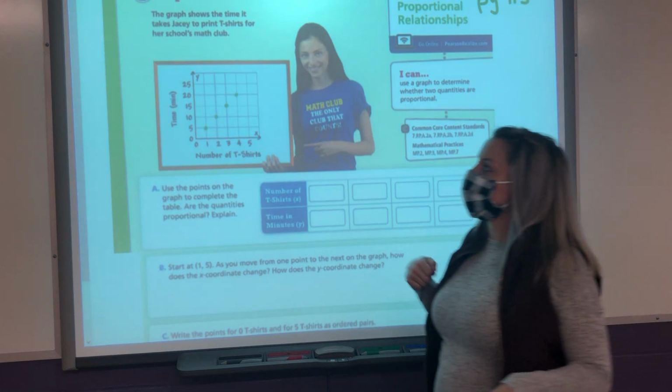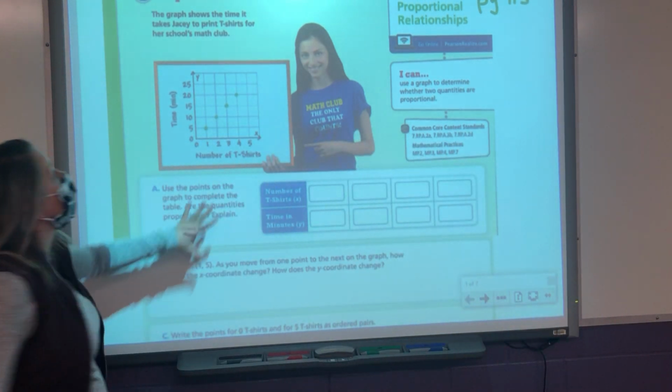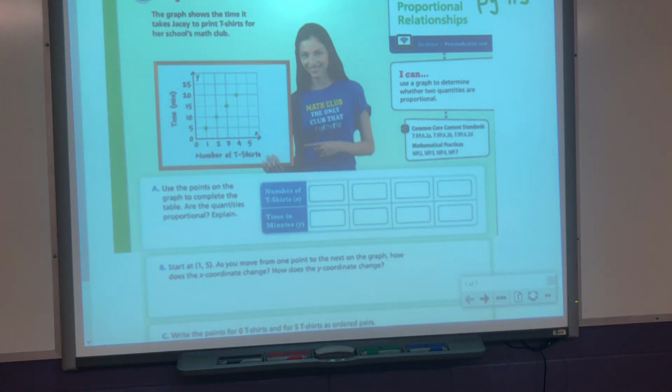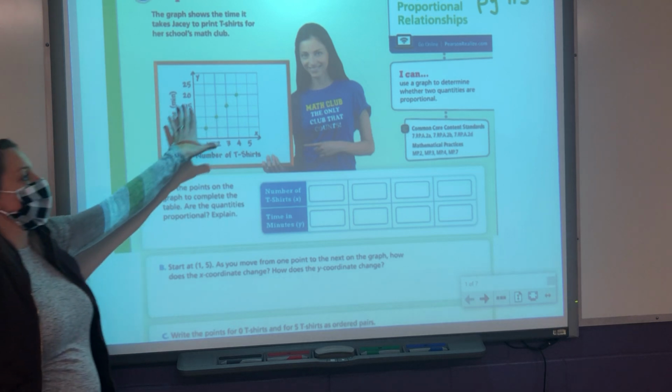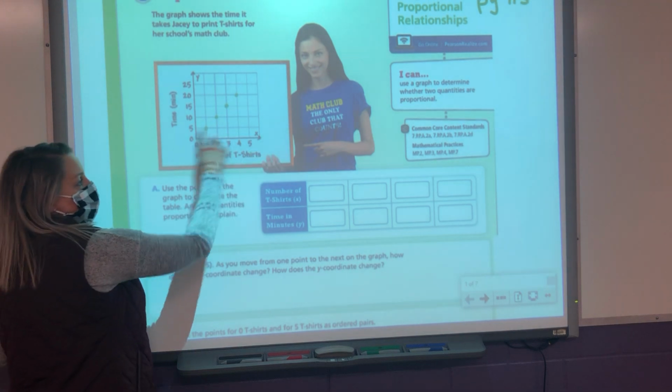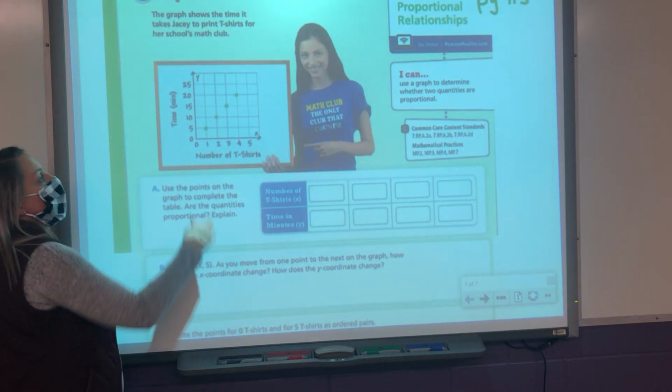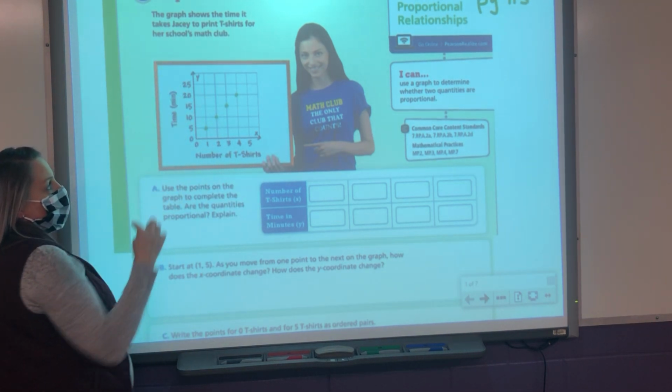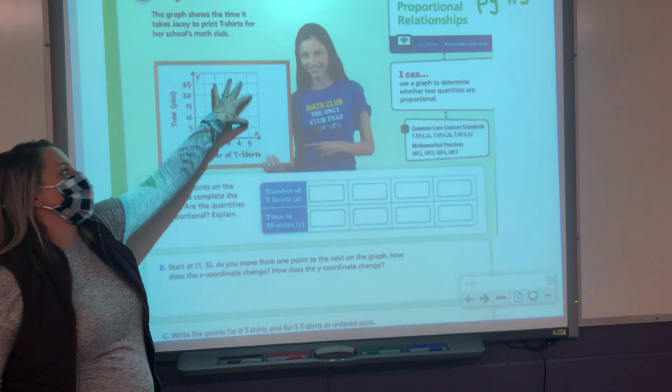On page 115, we've got this graph that shows the time it takes JC to print t-shirts for her school math club. You can see that here is our graph. Our x-axis is our horizontal number line. Our y-axis is our vertical number line. What quadrant is this a snapshot of?